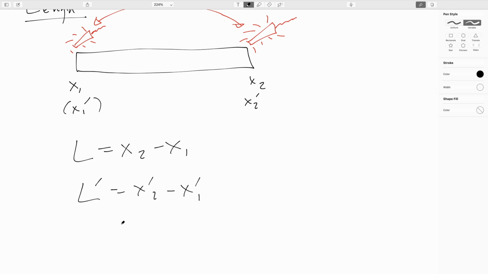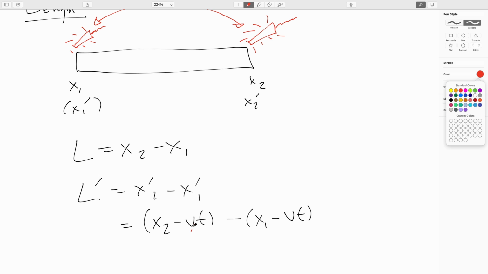But we can substitute in the Galilean transformation and observe that x2 prime was x2 minus vt, and this will be minus x1 minus vt. Well, what do you know? Those minus vt's cancel, and we are left with just x2 minus x1.